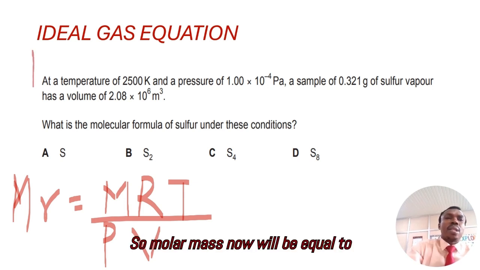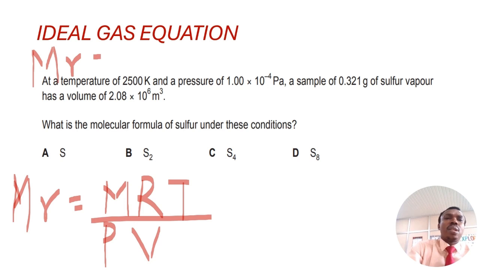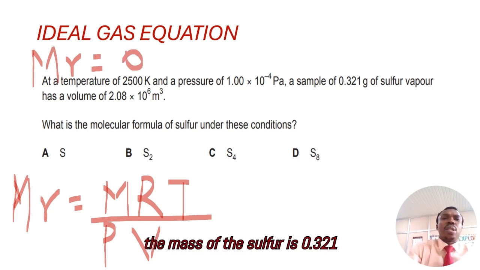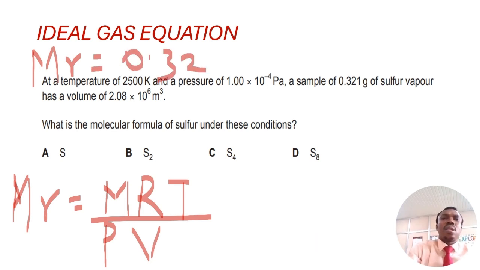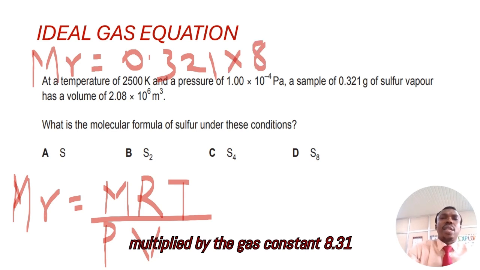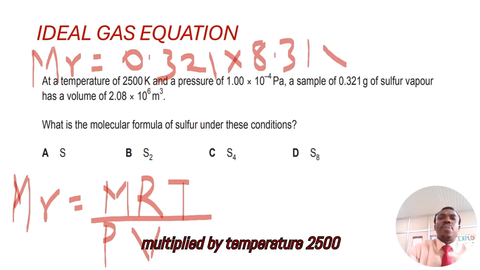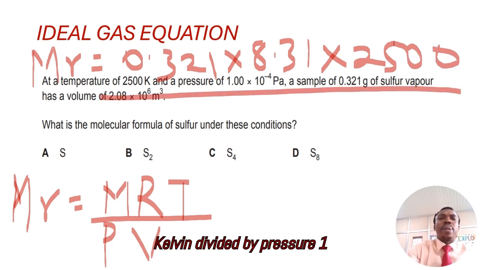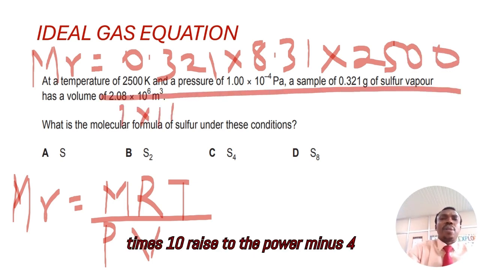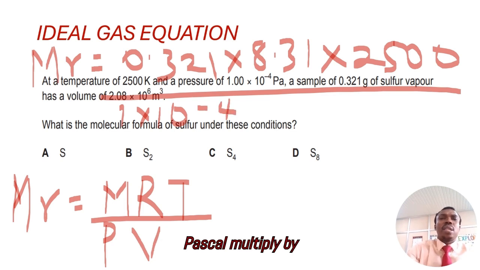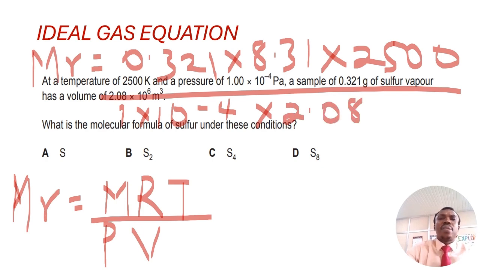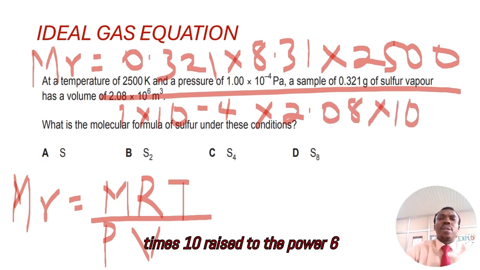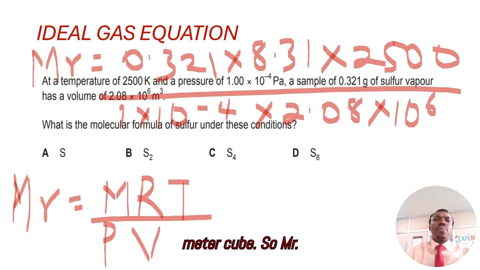So the molar mass will be equal to the mass of the sulfur, 0.321, multiplied by the gas constant 8.31, multiplied by temperature 2500 Kelvin, divided by pressure 1 times 10 raised to the power minus 4 Pascal multiplied by 2.08 times 10 raised to the power 6 meter cube.